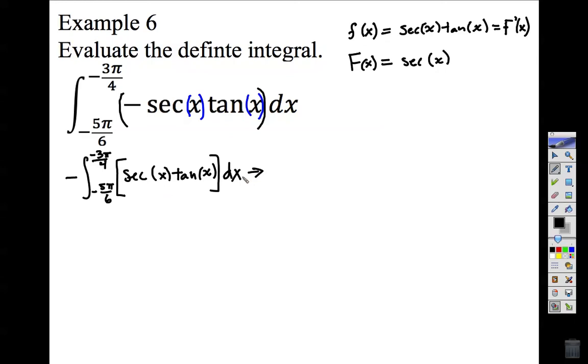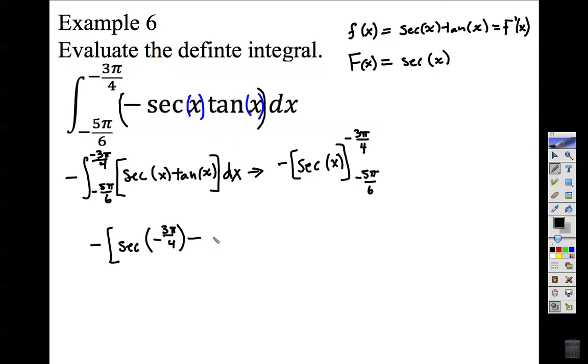From here, this becomes the negative secant of x, all solved between negative 5 pi over 6 to negative 3 pi over 4. So that's the negative secant of negative 3 pi over 4 minus the secant of negative 5 pi over 6.